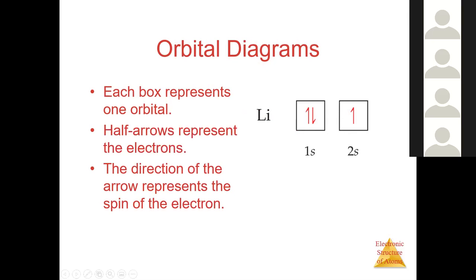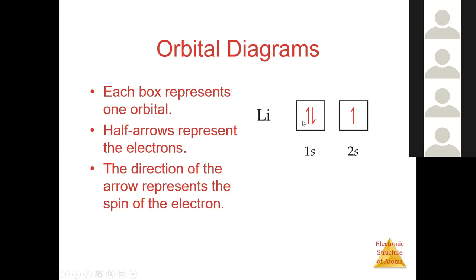Now, when I put the electrons in there, I have to put them in so that they don't have the same quantum numbers. If I put both in the 1s, the n, the l, and the m sub l are all going to be the same. The only thing that differs them is whether it's spinning in the clockwise direction or counterclockwise direction.